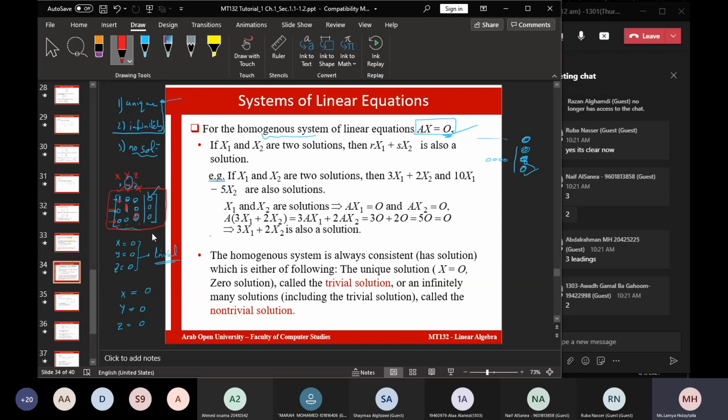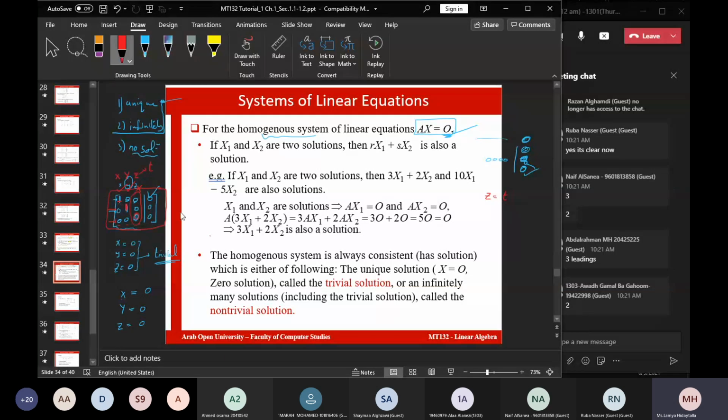What we do in this case: for the column that has no leading one, we assign the variable a real value, which we call t. So we let z equal t. Then we get the solution.